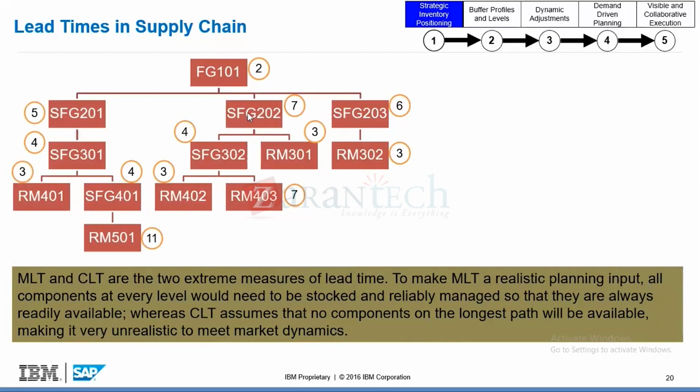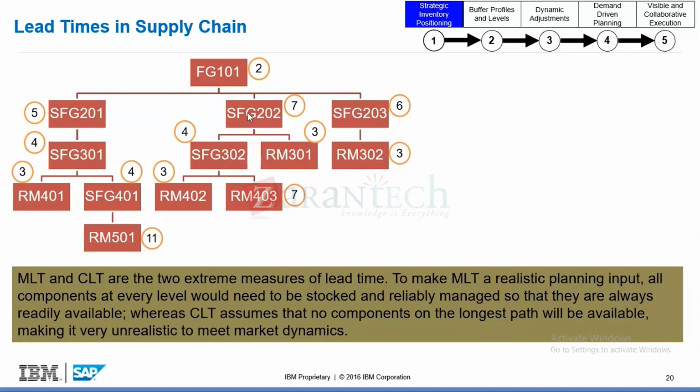These two lead times that we defined in the last slide, MLT and CLT, manufacturing lead time and cumulative lead time, are the extreme measures of lead time. To make MLT a realistic planning input, all components at lower levels would need to be stocked and reliably managed so that they are always readily available.